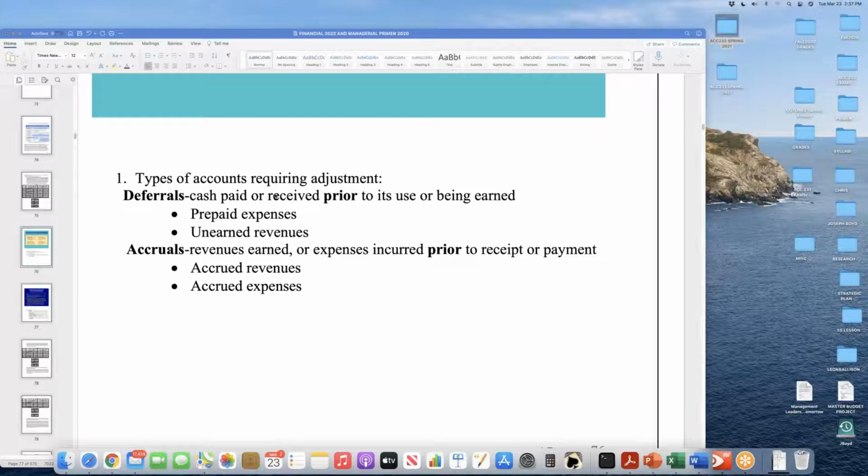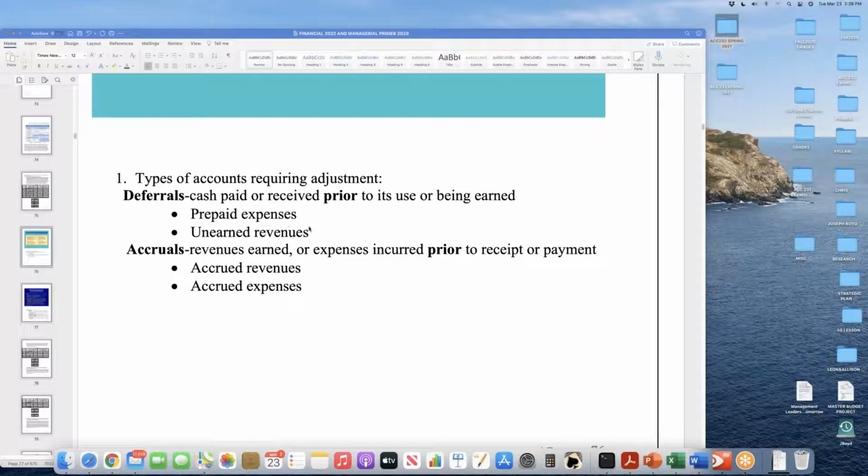These are the ones where cash has already been received. That's what we're going to work on today. And then on Thursday, we'll work on accruals, where the cash is paid later. So today, the cash is paid or received prior to the adjusting entry.